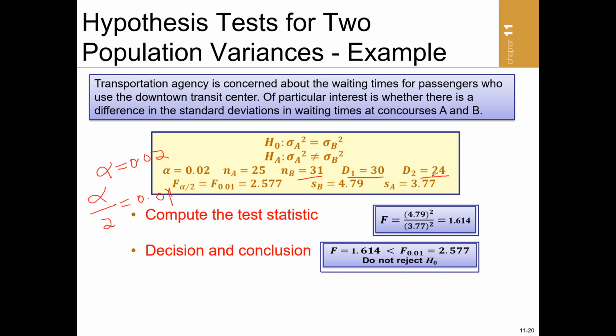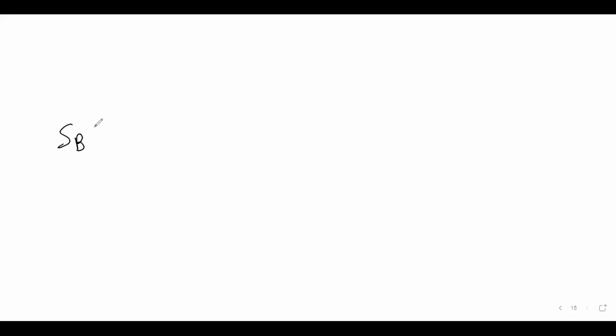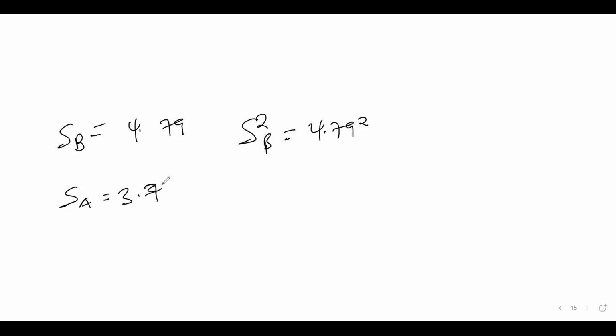Now, how do we come about this? In the question, the sample standard deviation for group B is 4.79. That means that the sample variance for group B is 4.79 squared, okay? And then the sample standard deviation for group A is 3.77.